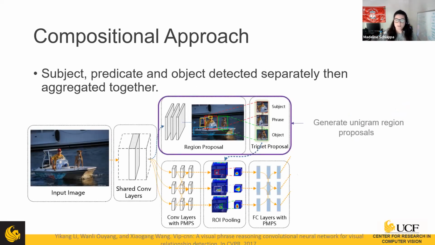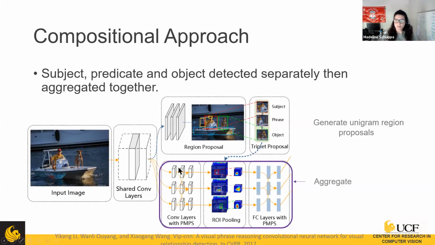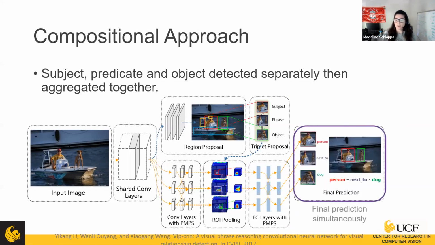As you can see in this top branch, they're generating unigram region proposals. So they're generating a region proposal for the subject, the predicate, and the object. They then feed these into an aggregation branch. And once these unigram region proposals and the features are aggregated, you get a final prediction simultaneously. So the subject, predicate, and objects are treated separately.